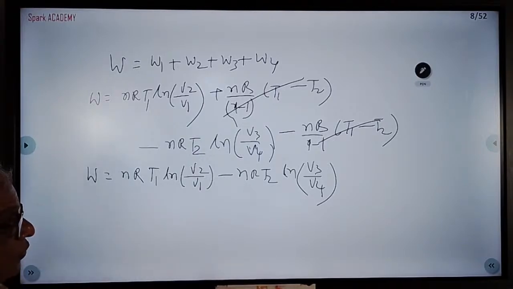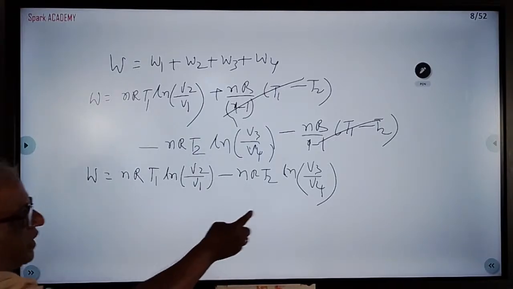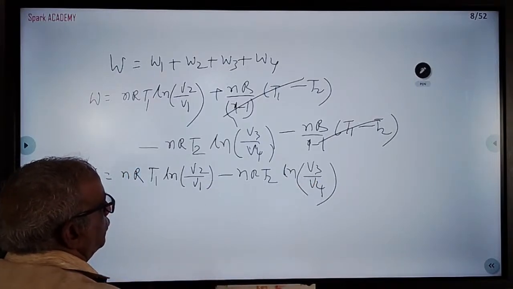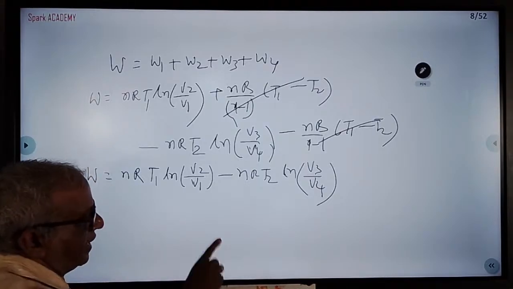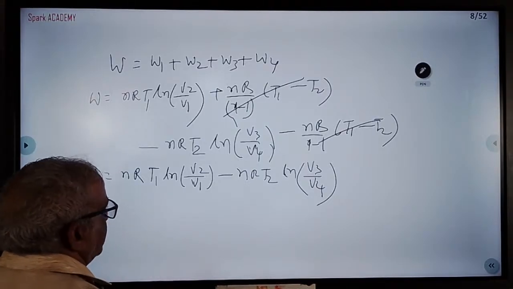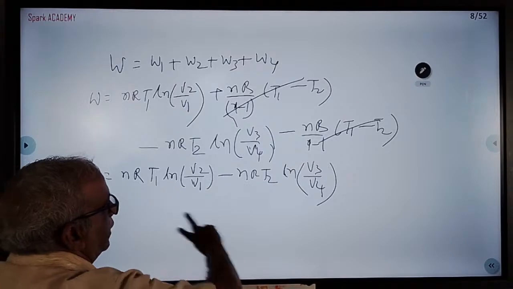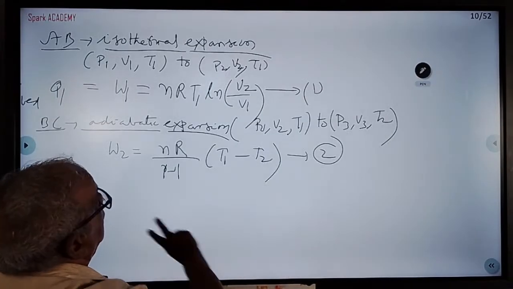But you have to use one condition. V3 by V4 is equal to V2 by V1, we have to prove. How to prove that? I am showing one logic in the diagram.